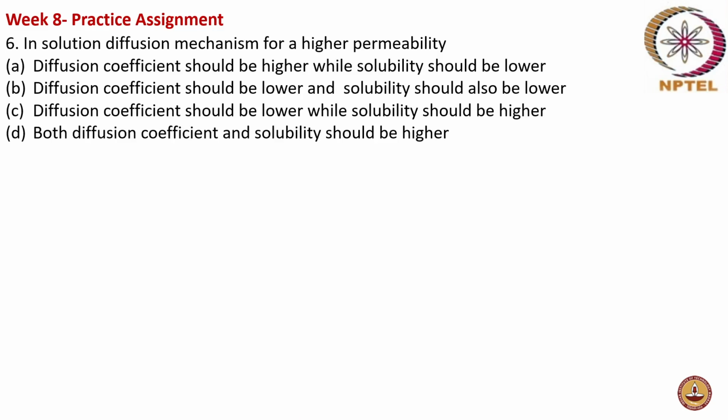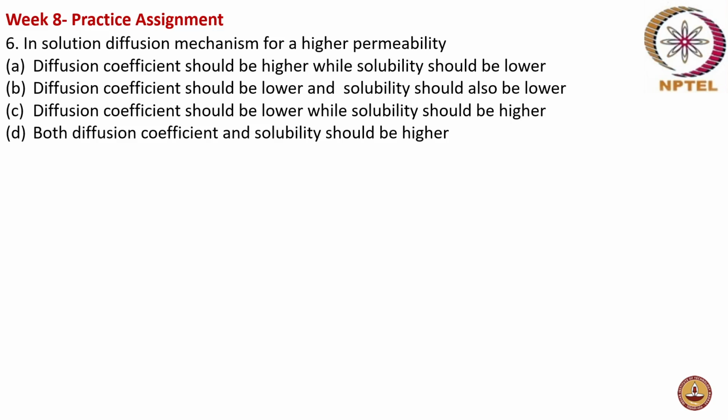Now next question. In solution diffusion mechanism, for a higher permeability, which of these should be there? Should it have diffusion coefficient higher as well as solubility lower, or diffusion coefficient lower and solubility also lower, or diffusion coefficient lower and solubility higher, or both diffusion coefficient and solubility higher?